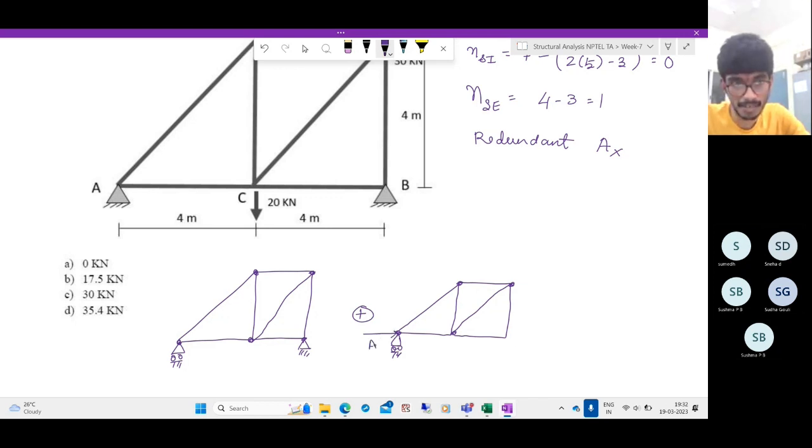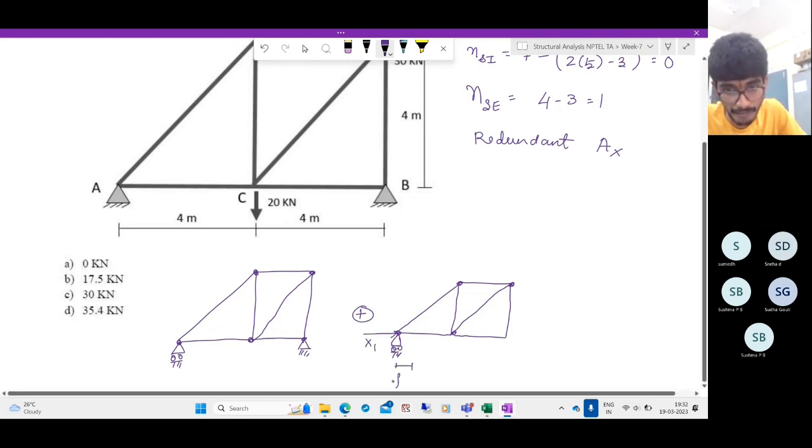Let me call it X1, an unknown, and say this displaces by F11 X1.